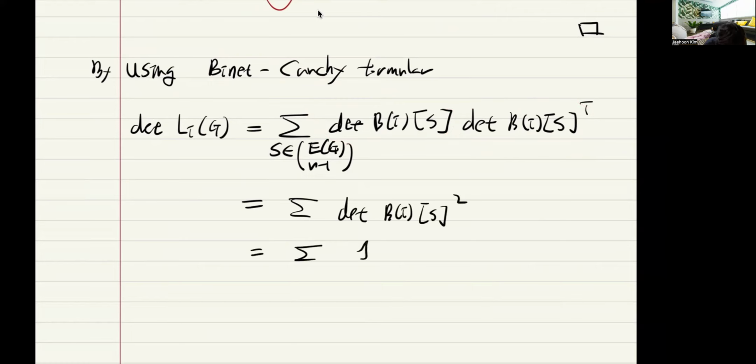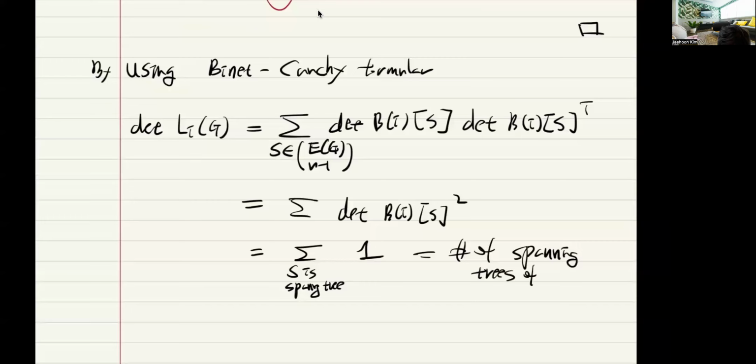And then this is what? This is 1 if and only if this S is a spanning tree. So this is the number of spanning trees.